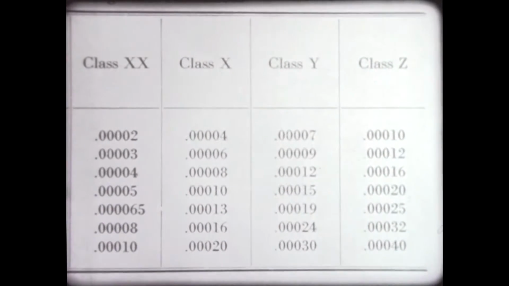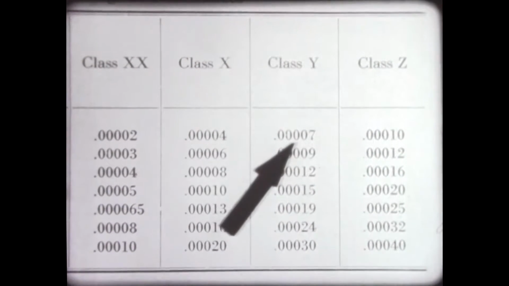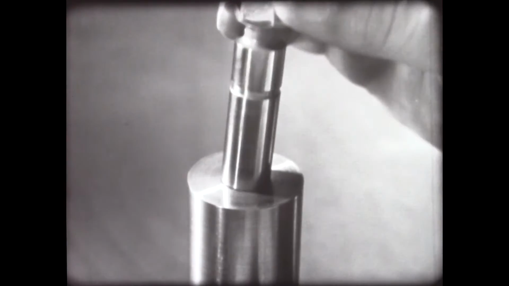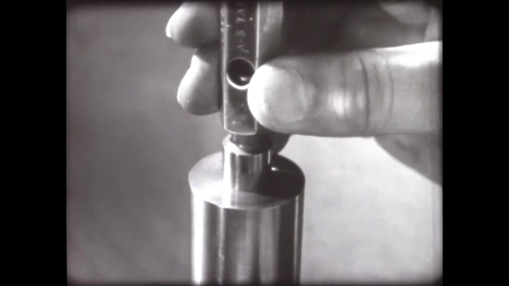Some gauges are made to within a few 100,000ths of an inch of the rated gauge size. To maintain such a degree of accuracy in the gauge demands the greatest of care in its use.